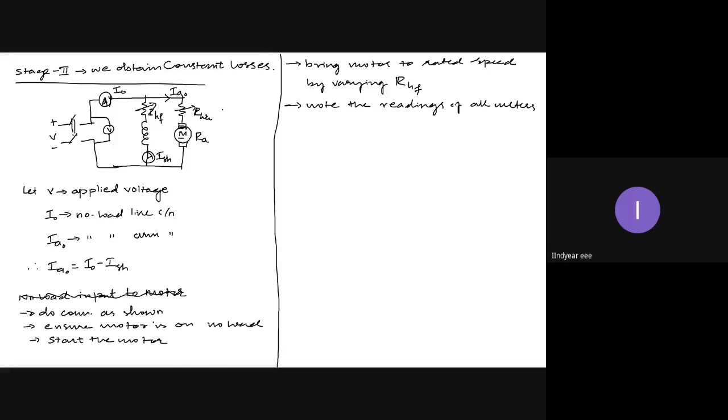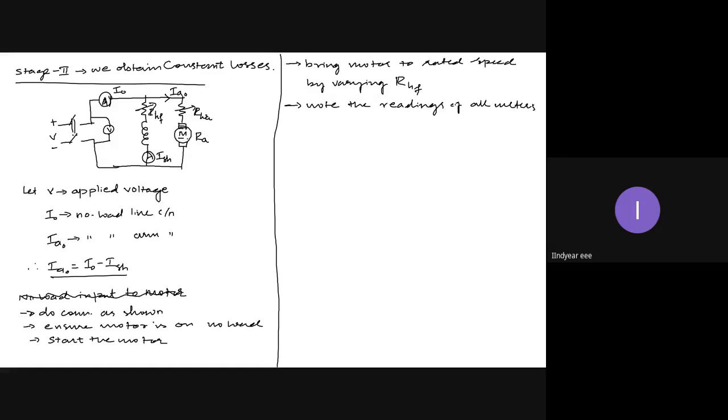So now, once the method is followed, I will get the readings. What do the readings tell us? We have taken the readings of voltage, no load current I0, and field current ISH. IA0 can be calculated by using this expression. And remember, whether I want to find the efficiency of a DC machine running as a generator or a motor, the Swinburne's test has to be always conducted taking the machine as a motor, because I am giving electrical input to it.